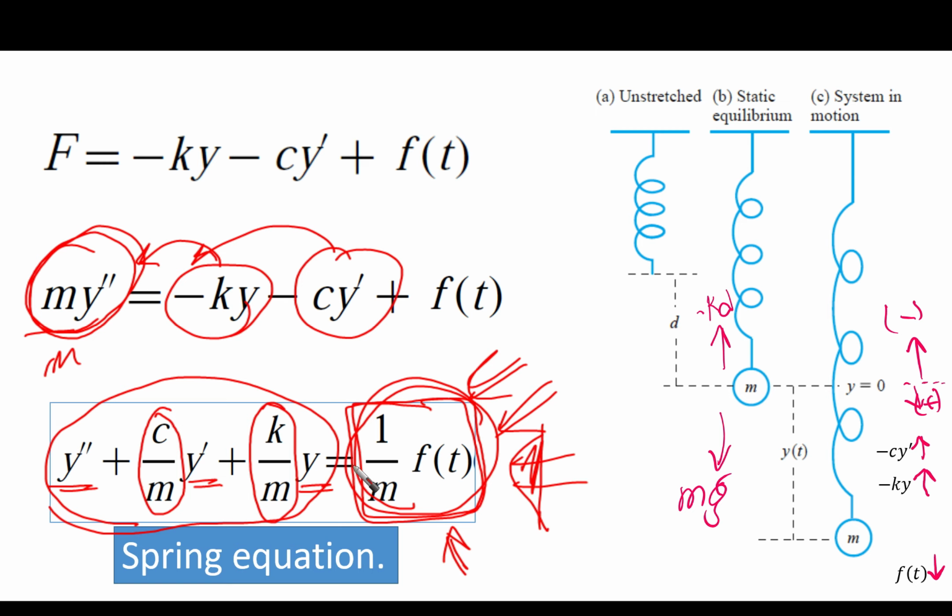Here we have a differential equation that really represents the motion of an object in a spring mass system, and we are going to use our techniques for solving this non-homogeneous equation to obtain the motion of this object at any point in time.